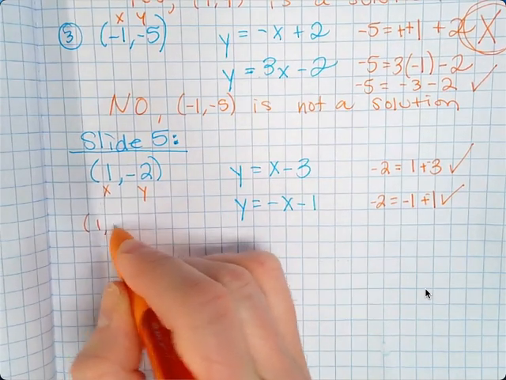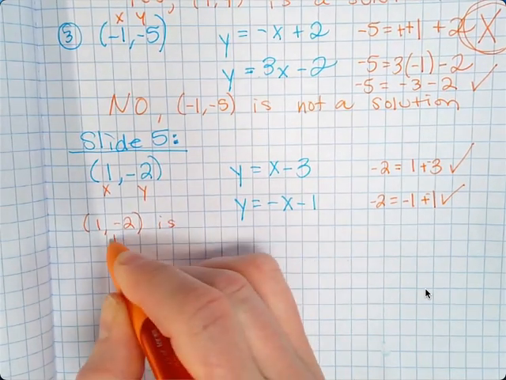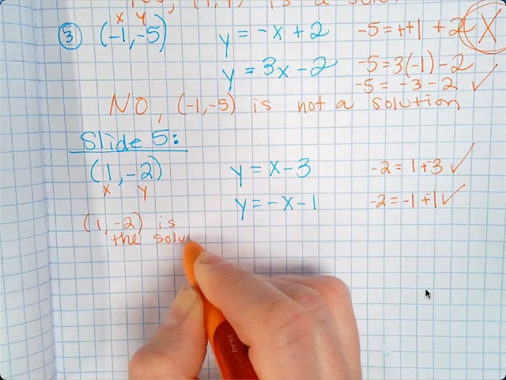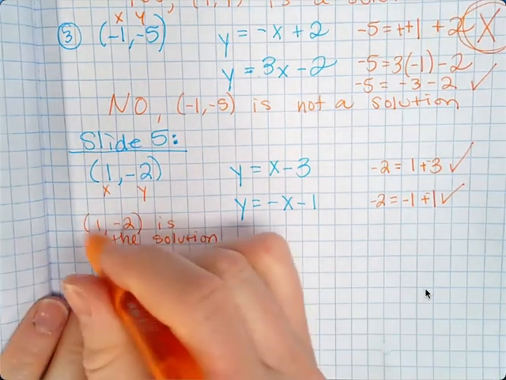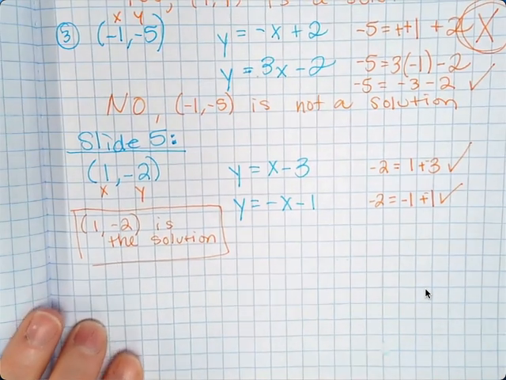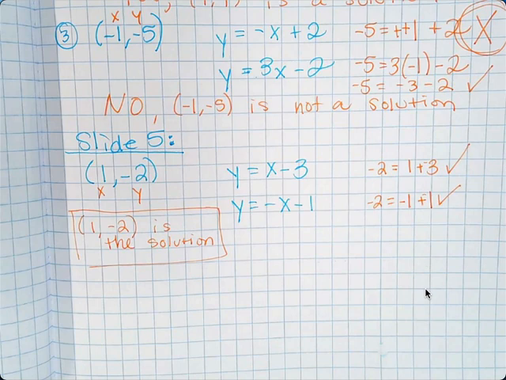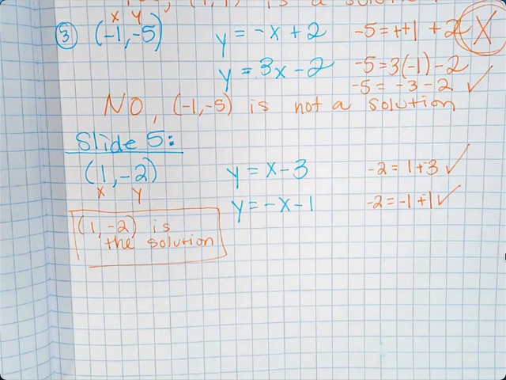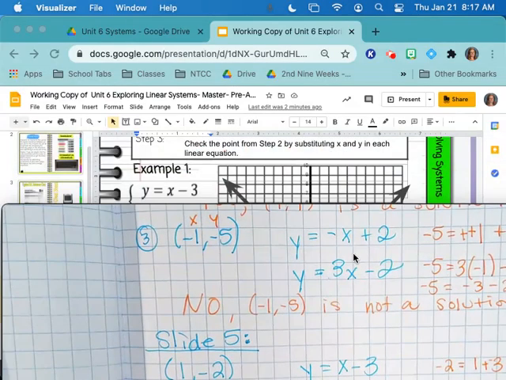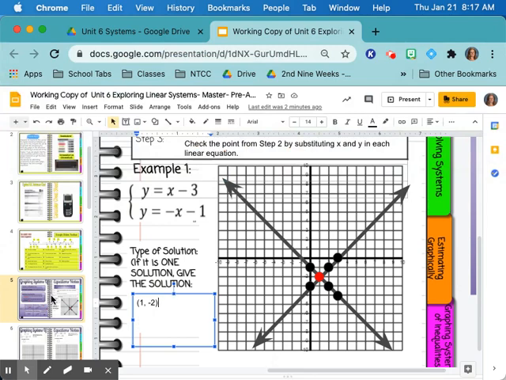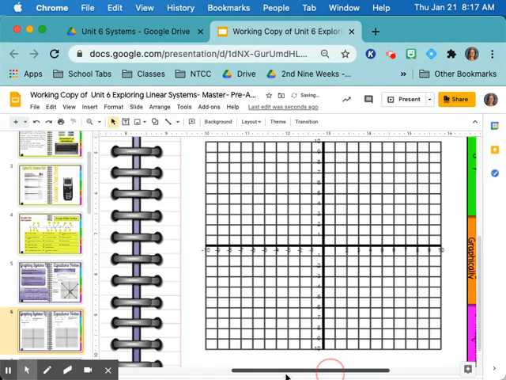So we can put 1, -2 is the solution. All right, so we are done with that. Let's go to the next slide.